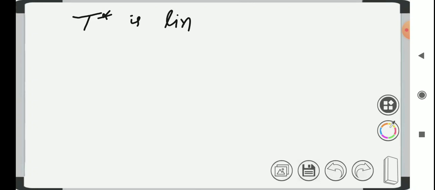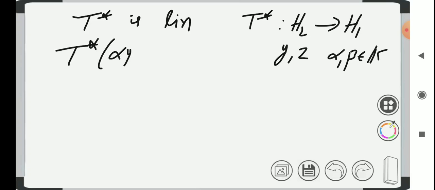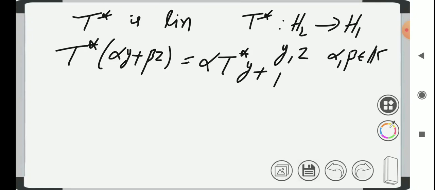T star was our mapping from H2 to H1. Let us fix some elements y and z, and alpha and beta in the underlying field. We will show that T star of (alpha y plus beta z) is alpha times T star y plus beta times T star z.